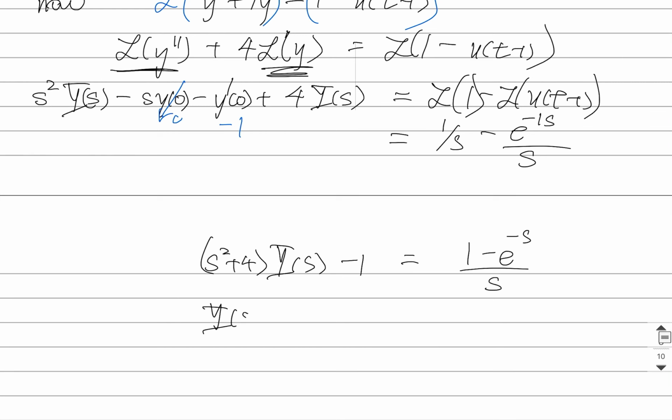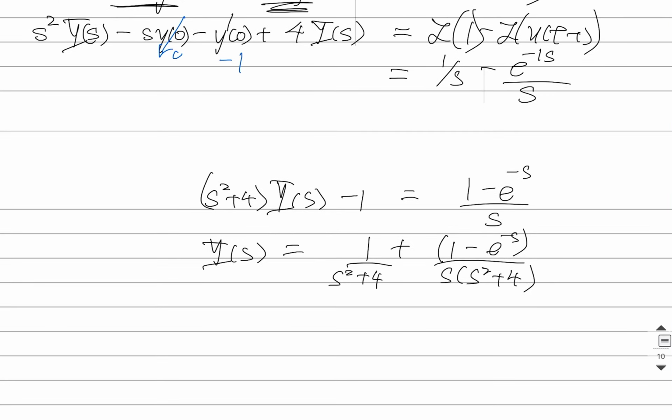When the initial conditions are non-zero, this is going to contribute another term. And so what we'll end up with is the following. We'll have all those terms we had before, but everybody is going to get divided through by this 1 over s squared plus 4.